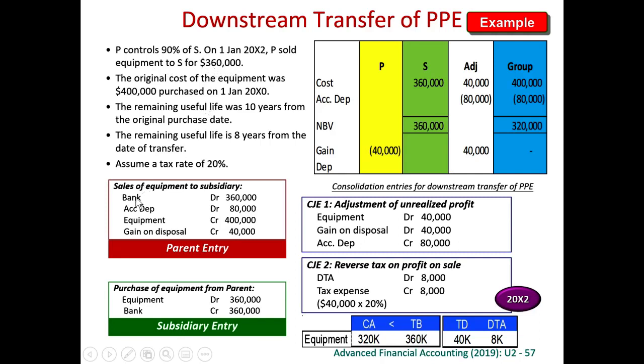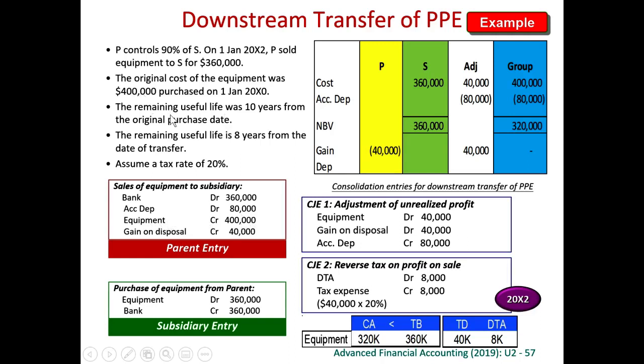So in the financial statement of the parent, they think that they must have received money, $360,000. So they have debited bank $360,000. They think that they have sold the equipment, therefore they have already credited away this $400,000. So they credit equipment $400,000.